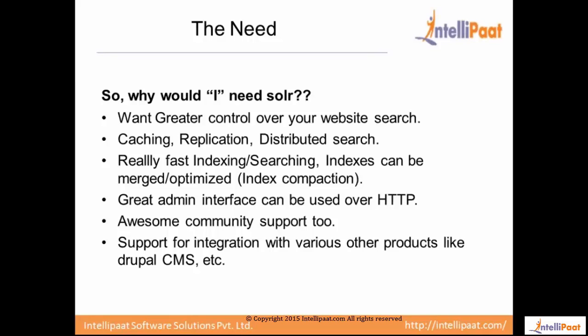Whenever a sale happens on websites like Flipkart, say they had a sale on the Xiaomi Redmi phone or the Xiaomi Mi3 phone, what did they do? The document which contained the information about the Redmi phone or the Mi3 phone was cached into memory.